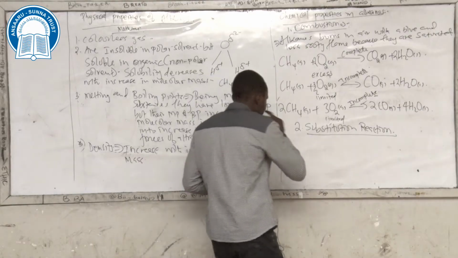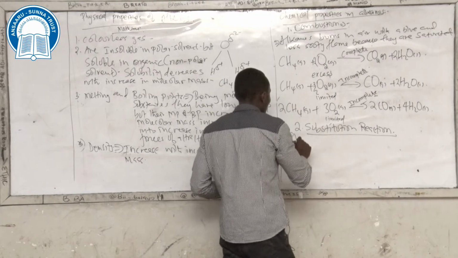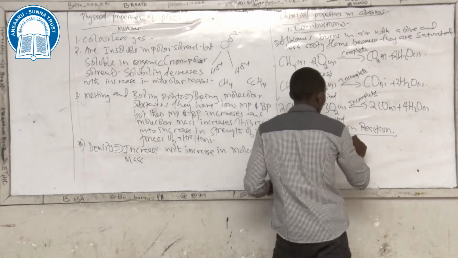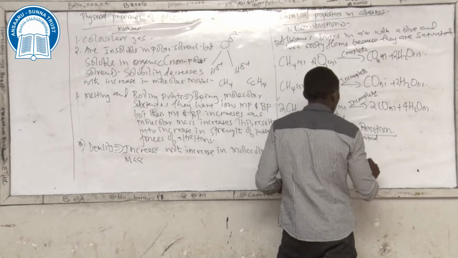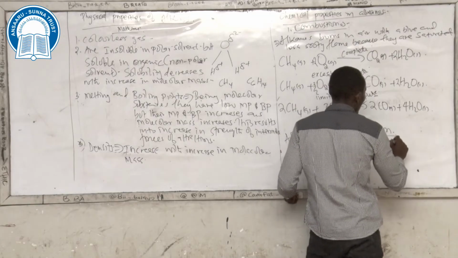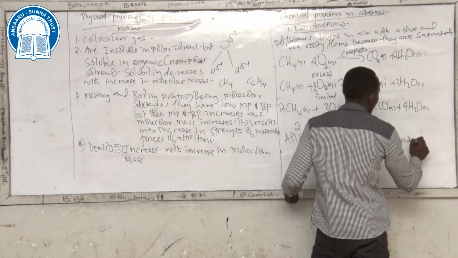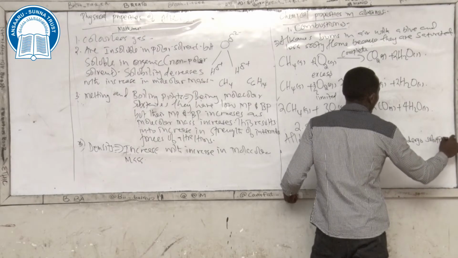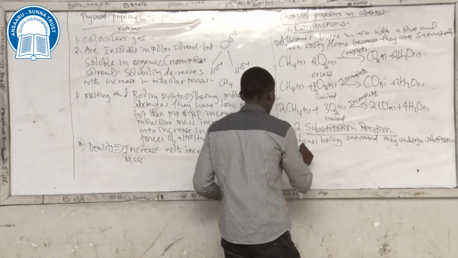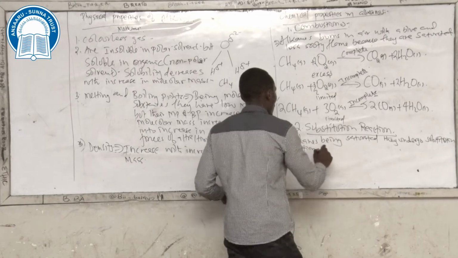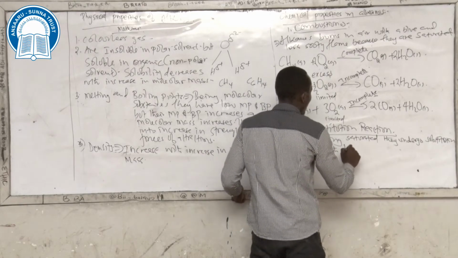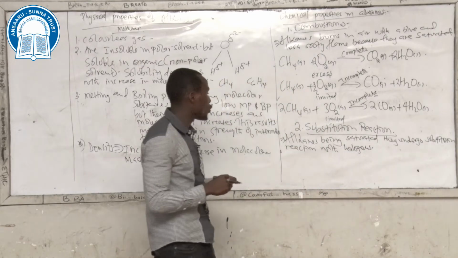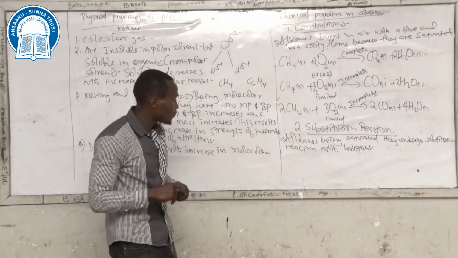So we say alkanes being saturated, they undergo substitution reaction with the halogens.